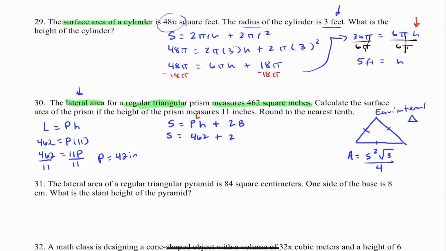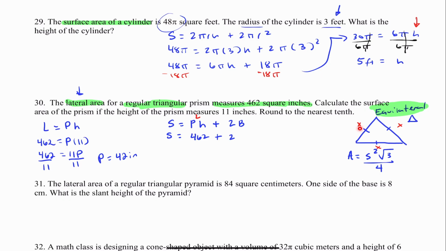And now, if I know that we're dealing with an equilateral triangle, and the perimeter of this equilateral triangle is 42, that means I can figure out the measure of one side, because I know that the measure of all the sides should be the same number, right?